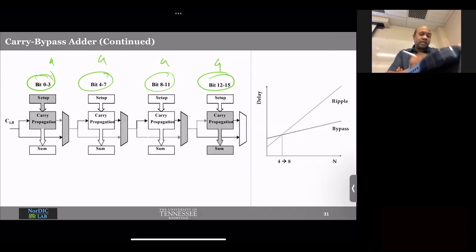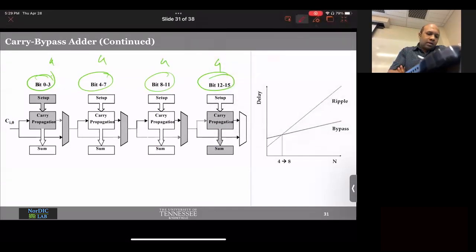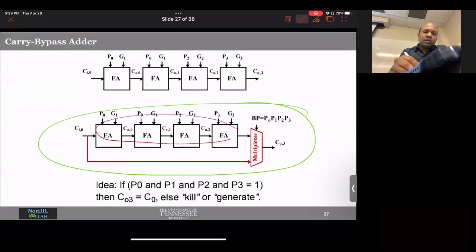This just shows you the overview. You have a carry in coming. You have the carry propagation chain. What does that mean? This simple carry propagation block actually represents this block. Am I making sense? Through which the carry actually will have to propagate.